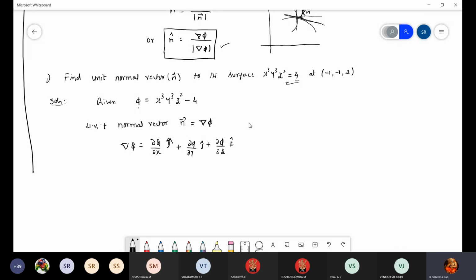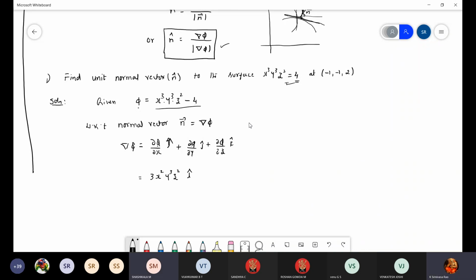Now that is equal to, you can substitute phi for each term, or you can differentiate directly. If I differentiate phi with respect to x, you will get 3x square, y cube keep as it is, z square keep as it is, because it is a product of the variables, and the differentiation of -4 is 0, into i cap.